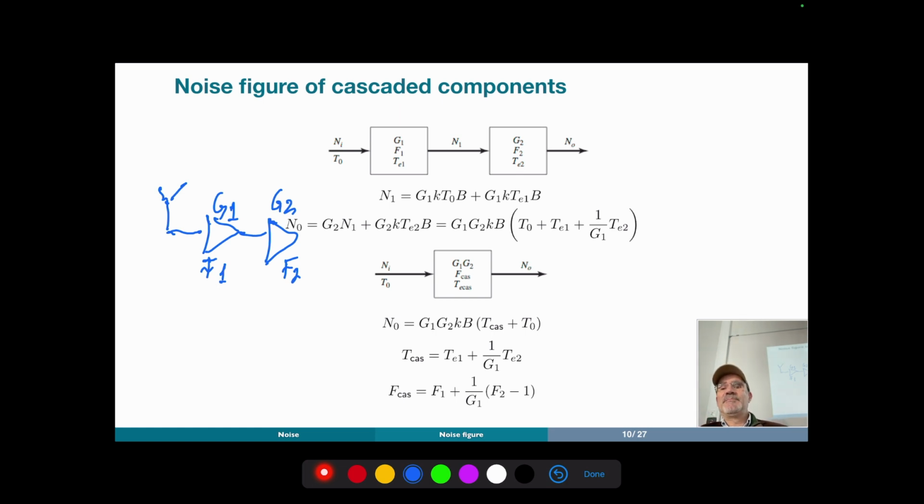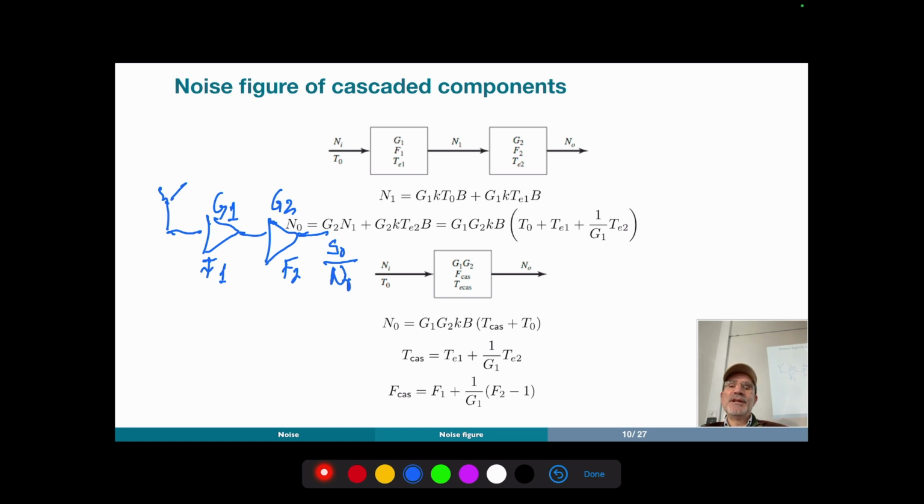The important point is that the noise figure of these amplifiers will establish the signal-to-noise ratio at the output. The more noise is introduced by the amplifiers, the lower the signal-to-noise ratio at the output, because, assuming the gain is constant, the signal is constant, and so higher noise means a lower signal-to-noise ratio.